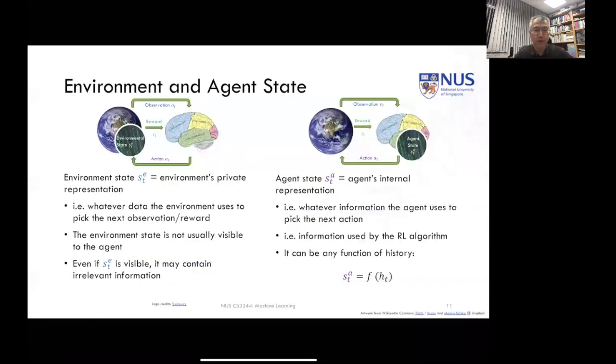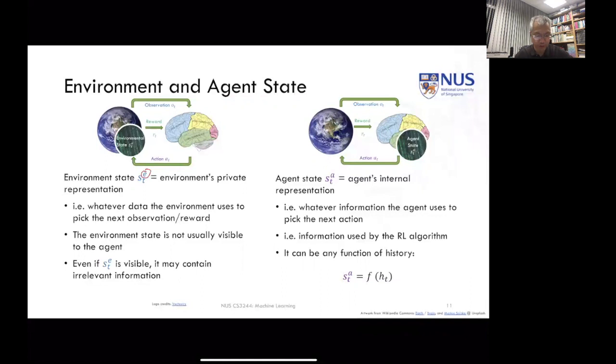So to start with, let's take a look at the environment state, right? So the environment state is basically whatever the environment uses to calculate its private representation. And we're going to denote that with this variable s at a certain time step t, but denoting it with a subscript e for environment, right?